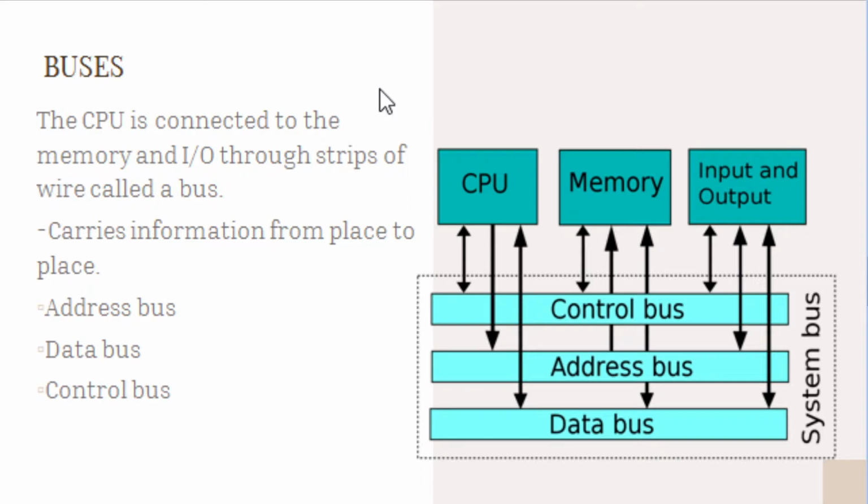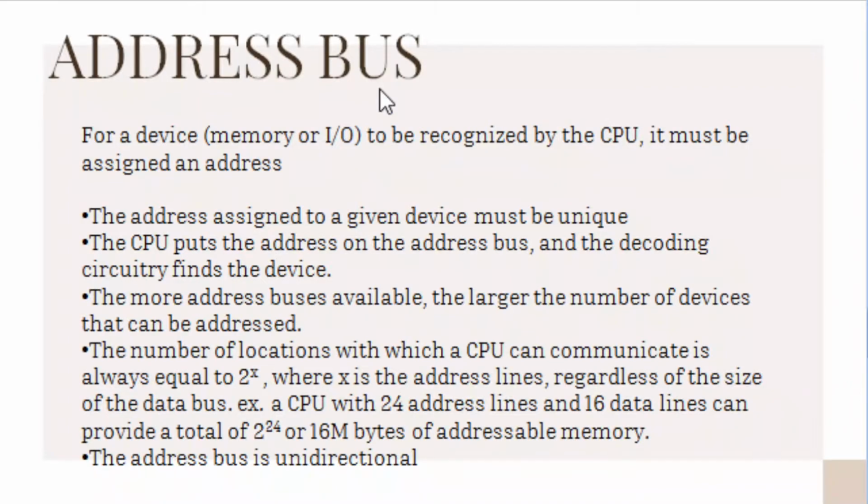There are namely three different buses inside a computer: address bus, data bus, and control bus. An address bus is meant to carry the address of a device. By a device, we mean a memory or an input-output device. For a device to be recognized by a CPU, it must be given an address, and that address should be unique.